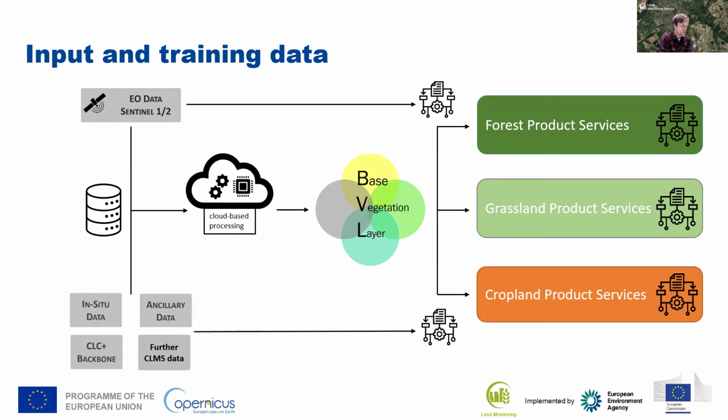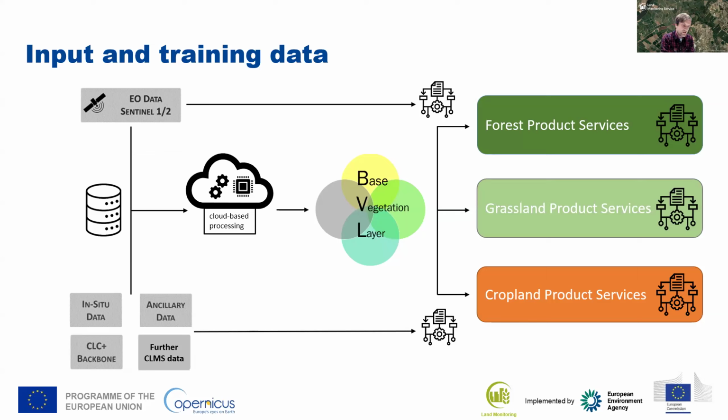Those are all compiled into one database, and then via cloud-based processing, a first initial classification is done, which is called the base vegetation layer, which consists of 6 classes: herbaceous, broadleaf and coniferous trees, crop, then an overlap class for tree crops, and the background class, consisting of all the remaining land cover classes.